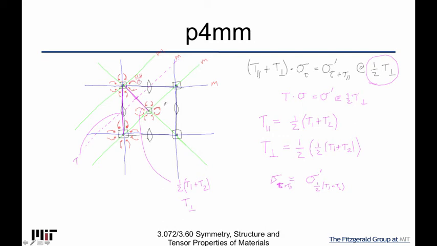It's reflected across the plane. Here, glide plane here, and the glide plane here.